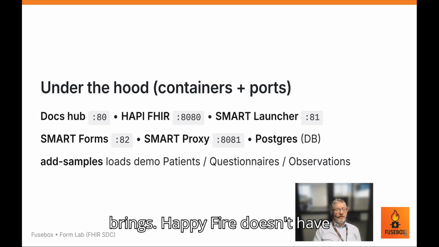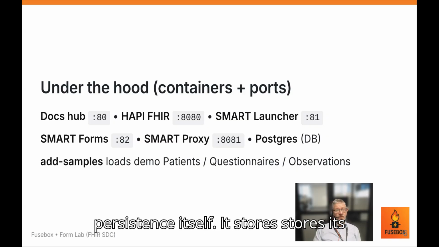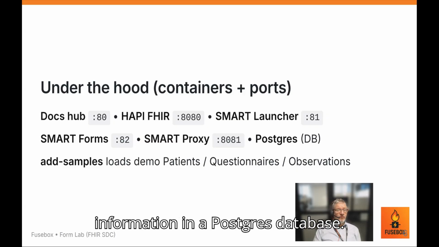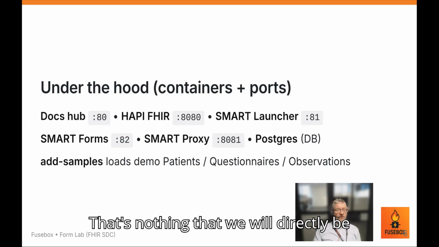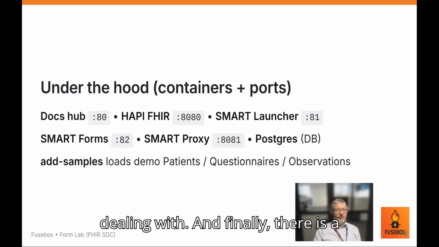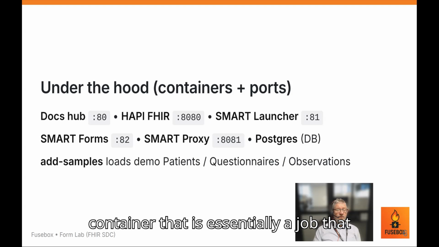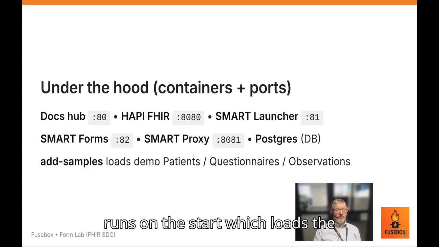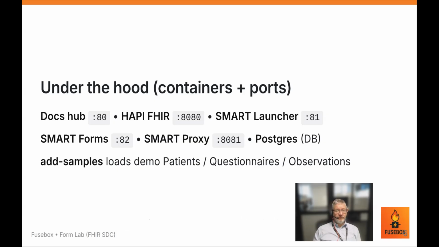HAPI FHIR doesn't have persistence itself. It stores its information in a Postgres database. That's nothing that we will directly be dealing with. And finally, there is a container that is essentially a job that runs on the start, which loads the samples.